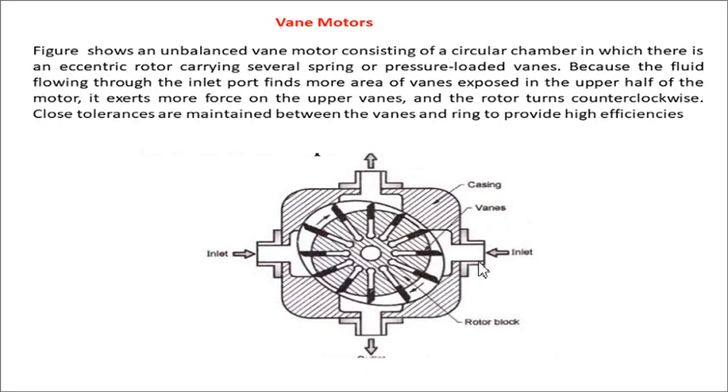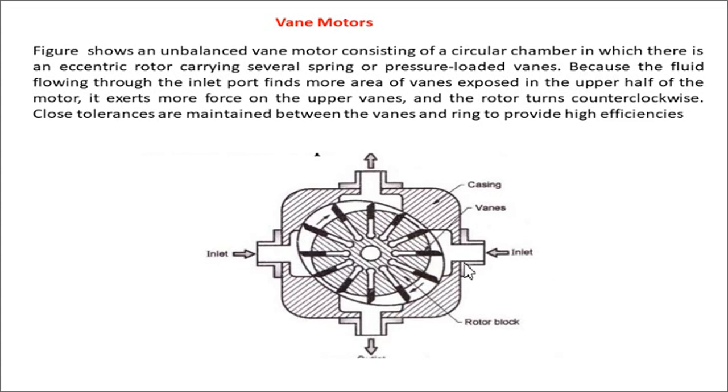Similarly, vane motors, just like a vane pump, have an elliptical casing and vanes. As the rotor rotates, the vanes travel outward because of centrifugal force, and because of these vanes the pressure is created.